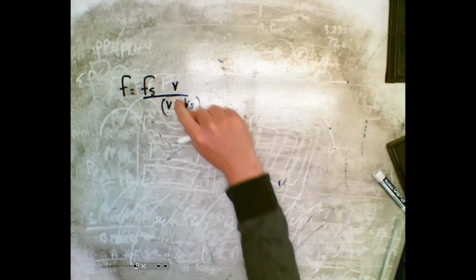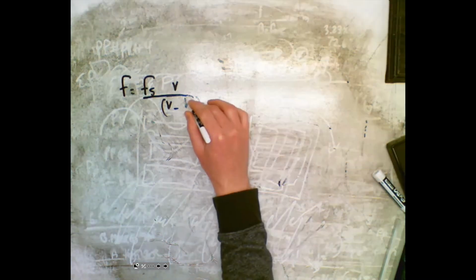We found that they're coming towards us, which gives us negative feelings, so we know that's going to be minus. And what we're looking for in the question is to determine what speed and direction the parade float is moving. So we want to find the speed of the source.